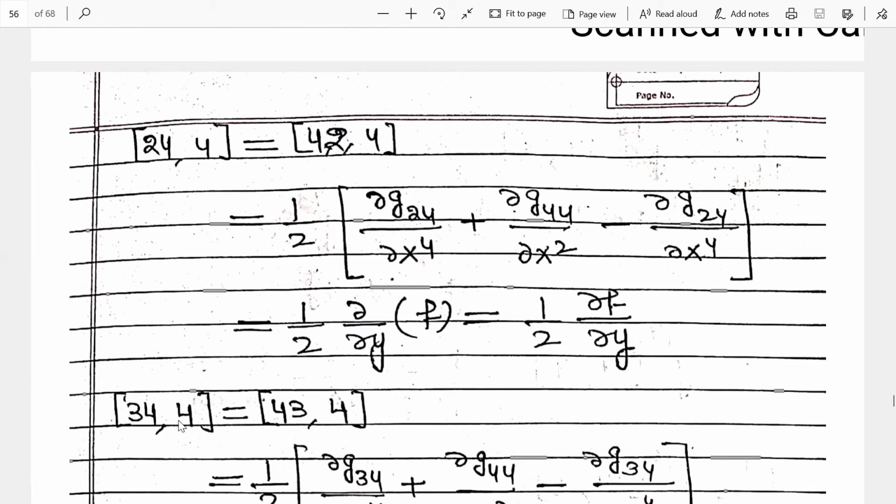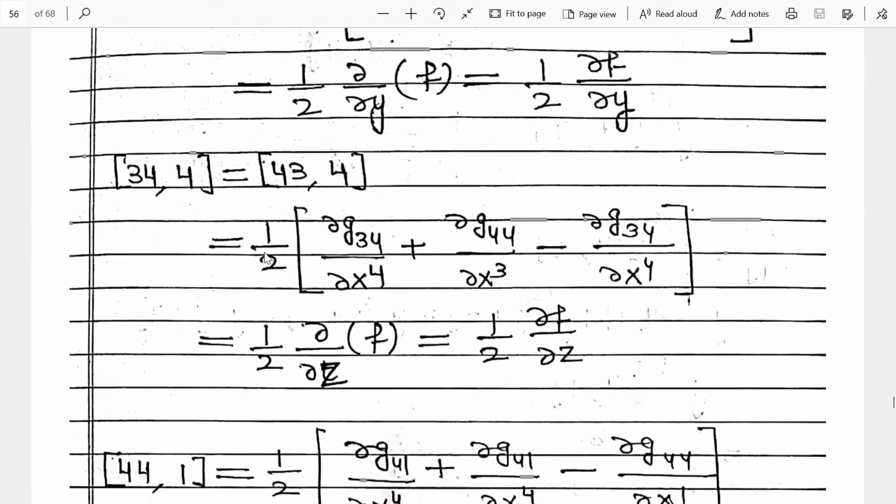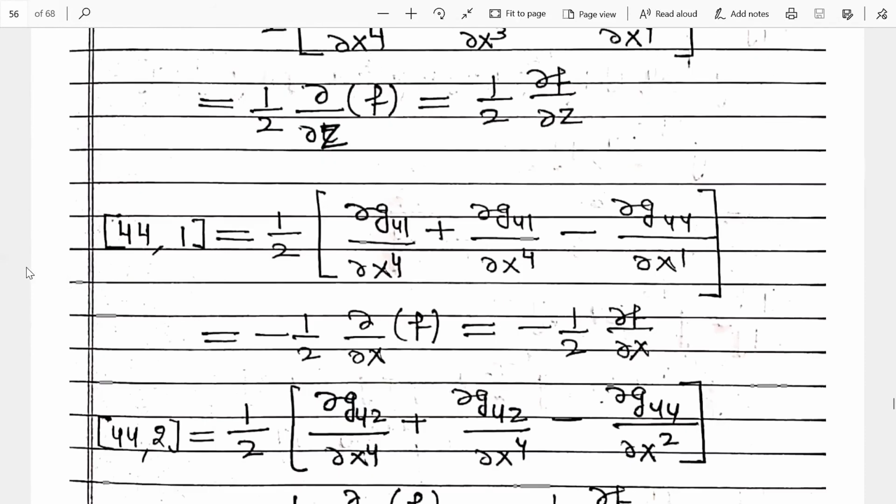Similarly, in the case of [3 4, 4], just use the given formula, then substitute, then we get the final values. Again by symmetry, [3 4, 4] and [4 3, 4] are equal. Again in the case of [4 4, 1], right?